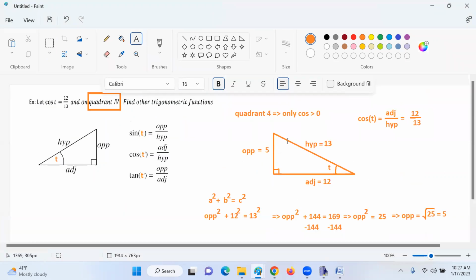We're going to use the right triangle perspective to figure out the other trigonometric values. Using the right triangle, we can have the sine, cosine, and tangent, and we can literally just plug that in.